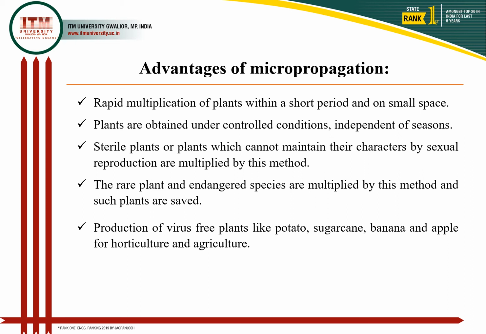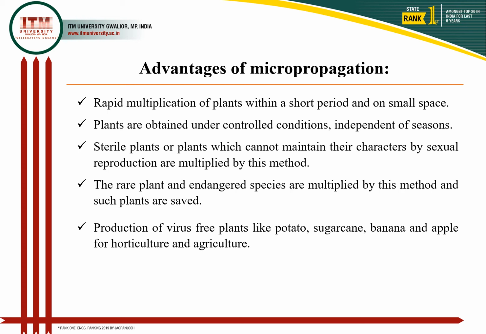This propagation is possible in any season. The sterile plants which can't be reproduced sexually can be multiplied by this method as well. It is also used to conserve rare plants or endangered species.